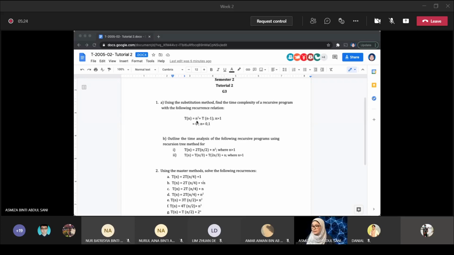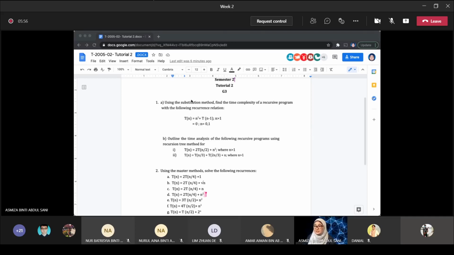Here it's a little bit different, because in our lecture we always take T(1). As I mentioned, when we do the recurrence relation, the base case is a constant, 0 or 1, it can be any constant value, so it is easier to just put it as 1.